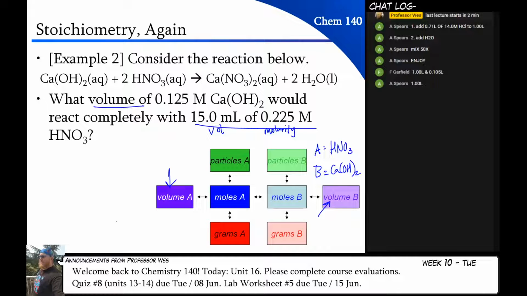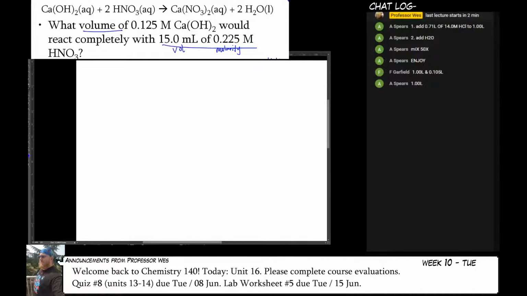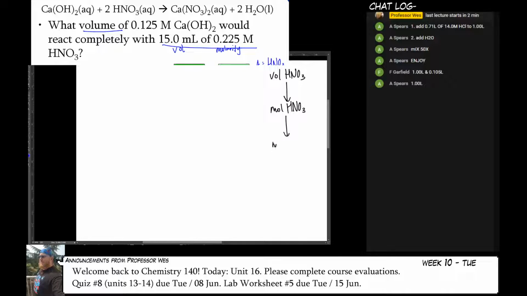So we're going to turn volume into moles. Then we're going to turn moles into moles. And we're going to turn that moles into a volume. So let's do that. So let's write out our blueprint here. So volume of nitric acid, moles of nitric acid, moles of calcium hydroxide, and volume of calcium hydroxide.